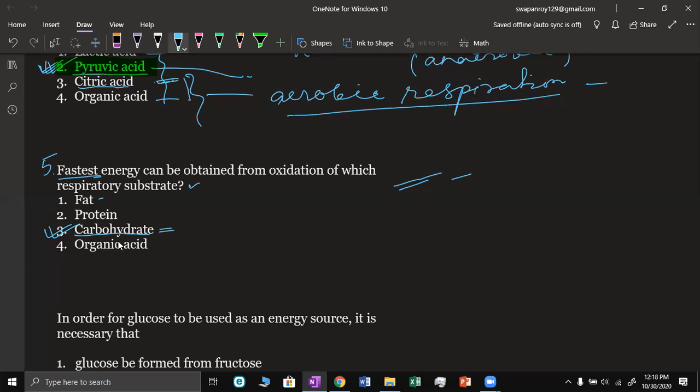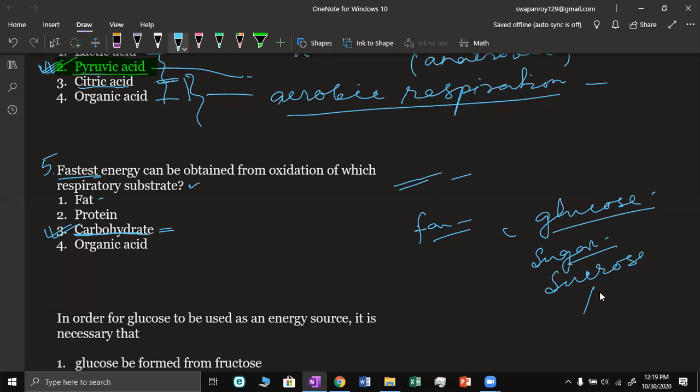And that is why, if someone, a very weak person, sometimes gets fainted, what do we give them? We give them glucose, is it? Or you can give them directly sugar, our table sugar, which is sucrose.